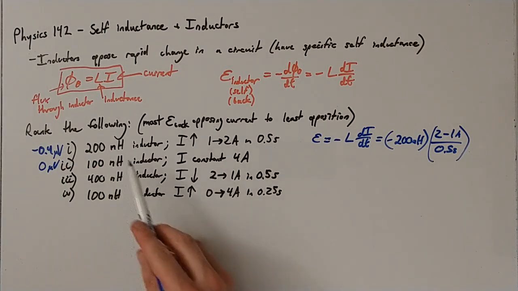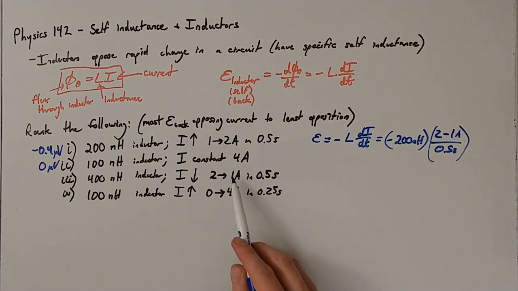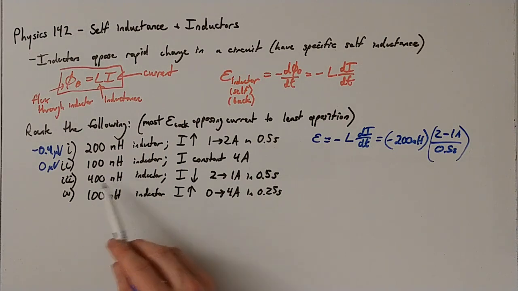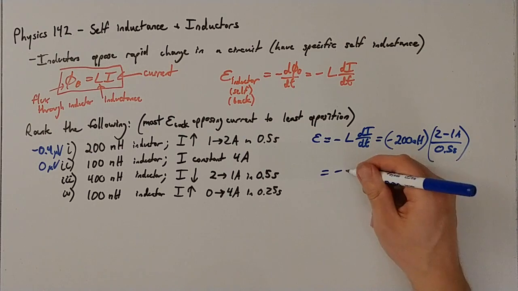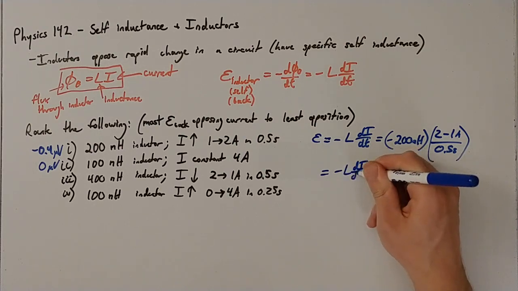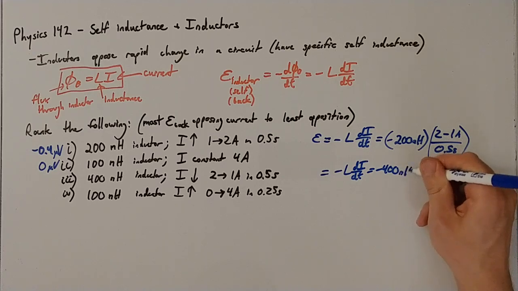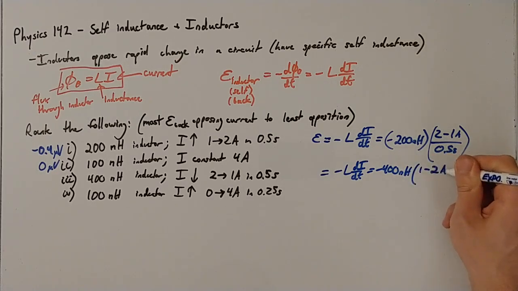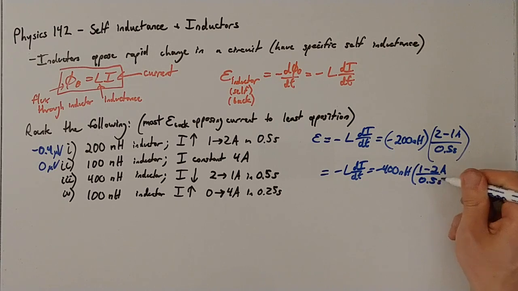Now, what if we do this the other way? Now we're going from 2 to 1 amp in half a second, with a different inductor. Again, I'd plug in minus L di/dt. Now I would have minus 400 nanohenries, but now I have 1 minus 2 amps, because I end at 1 and start with 2, in 0.5 seconds.